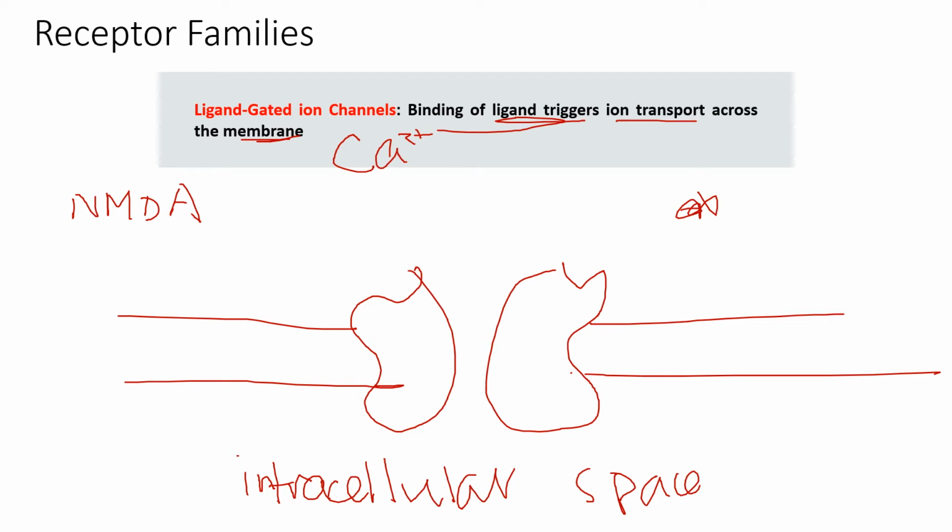The only way that this ion channel will open is if glutamate and glycine are bound to these subunits. Only then will the channel open to allow calcium to enter into the cell. And so this is in the case of nerve cells.